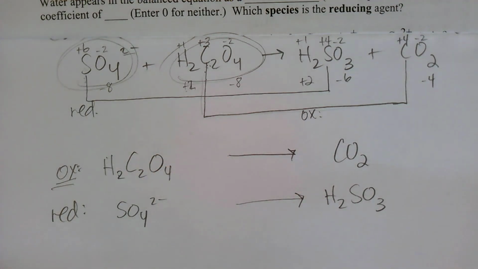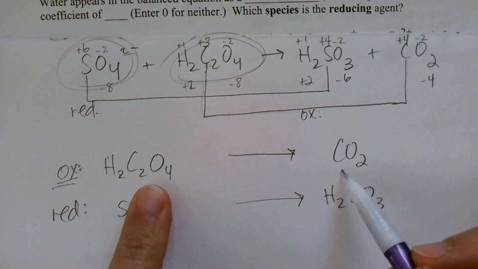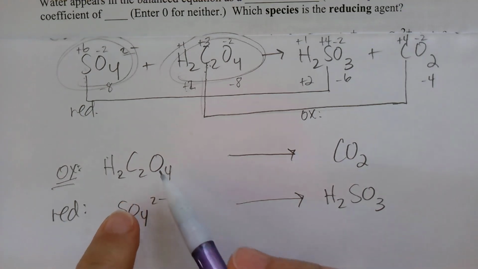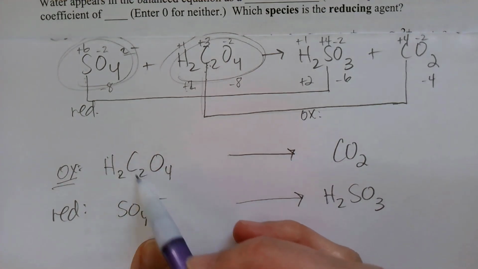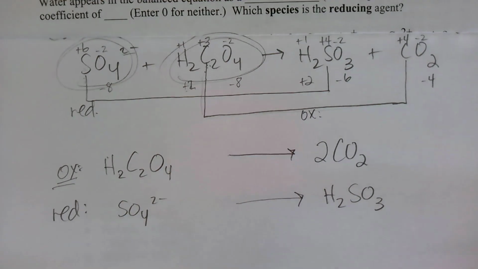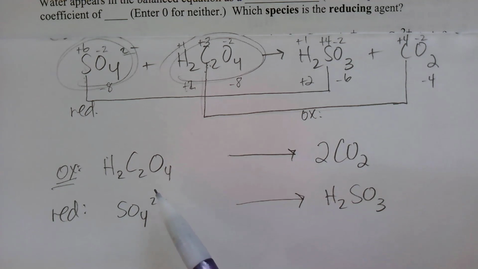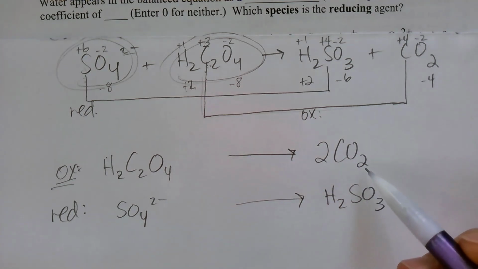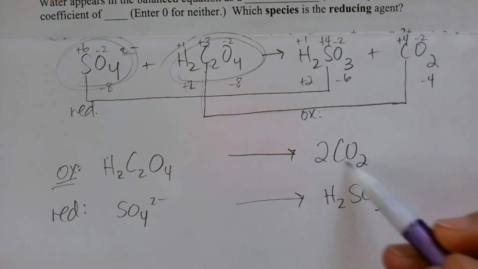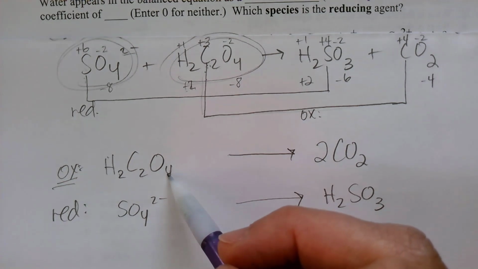Okay, first we need to balance our elements before hydrogens and oxygens. So I have 2 carbons on the left, I need 2 carbons on the right. The second thing I need to do is look at my oxygens. I have 4 oxygens on the right, 4 oxygens on the left.